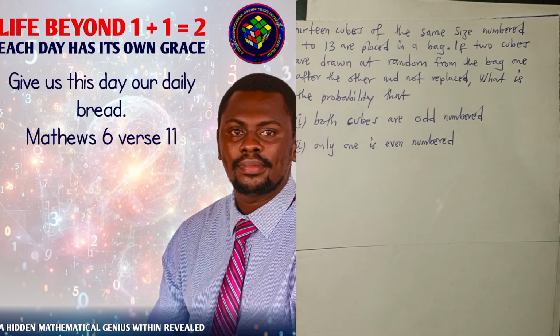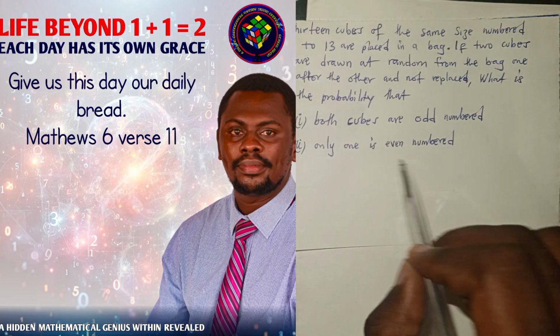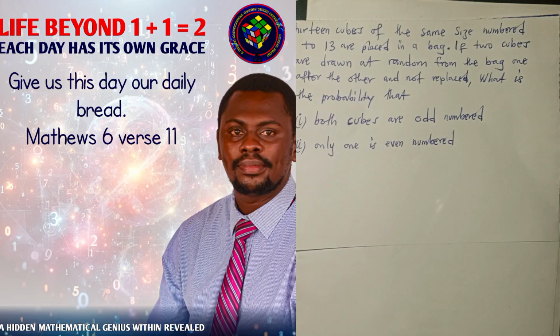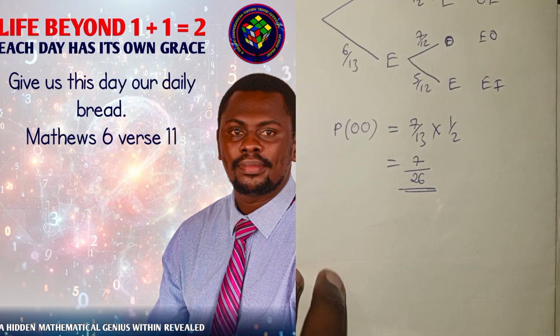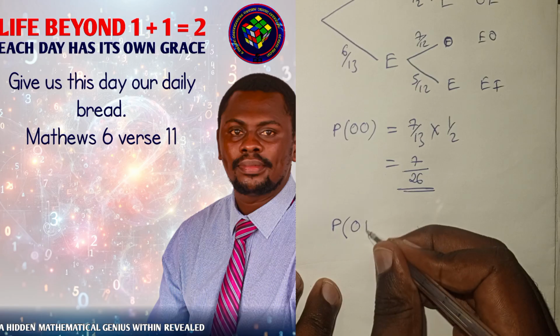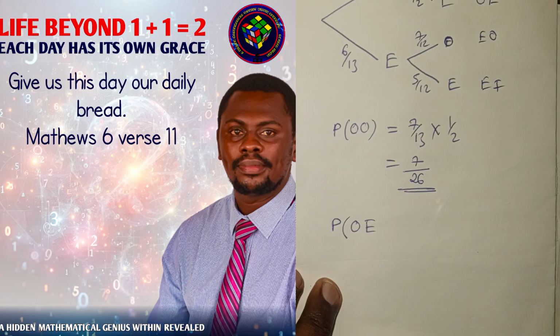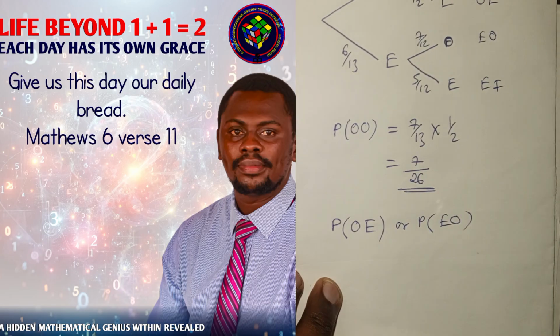Okay, next question. What is the probability that only one is even numbered? Only one is even numbered. So if only one is even numbered, it means we can have P of OE, that is odd and even number, or P of even and odd.